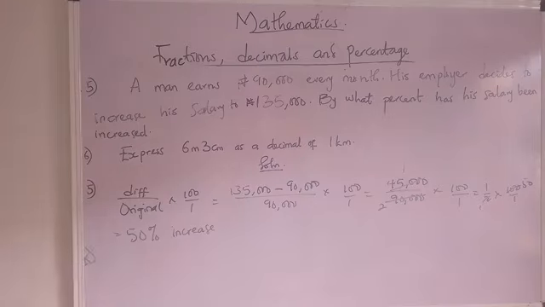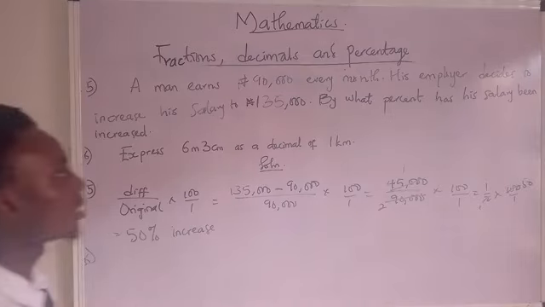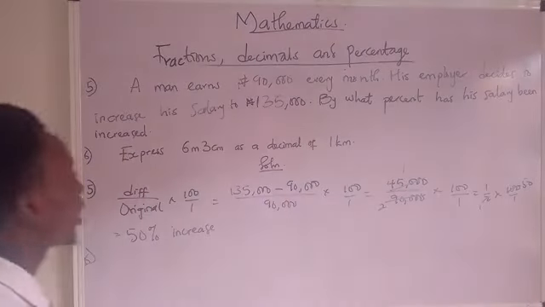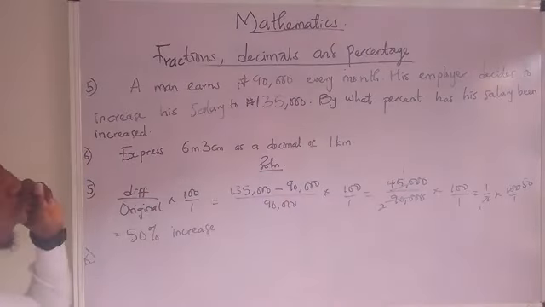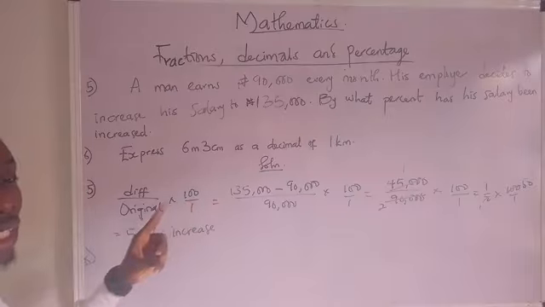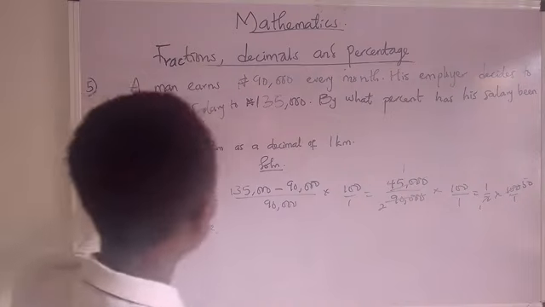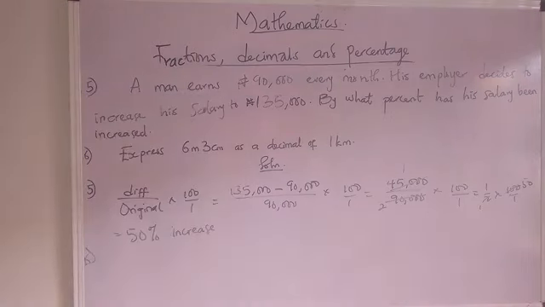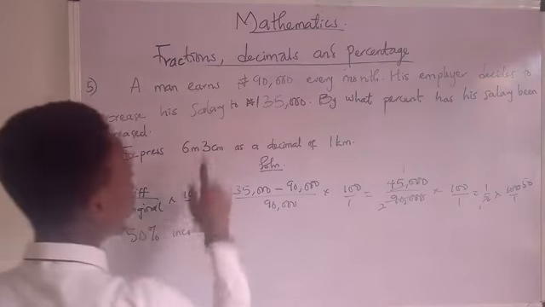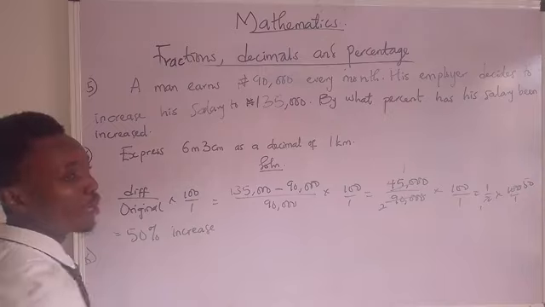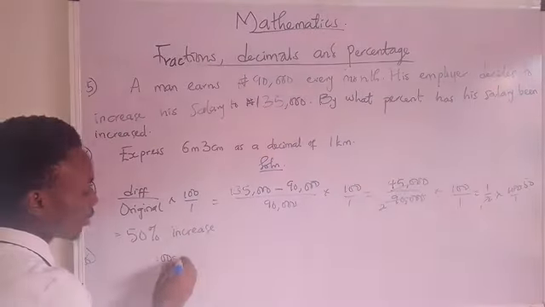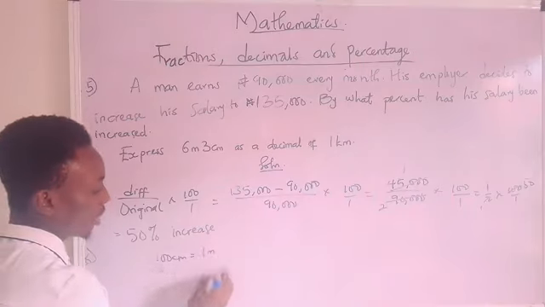Number 6. Express 6 meter 3 centimeter as a decimal of 1 kilometer. First thing first, you either convert this 6 meter to centimeter, or you convert 3 centimeter to meters. The best thing I would recommend is to convert this one to meters. Now, if you remember your table, it says that 100 centimeters make 1 meter, right?